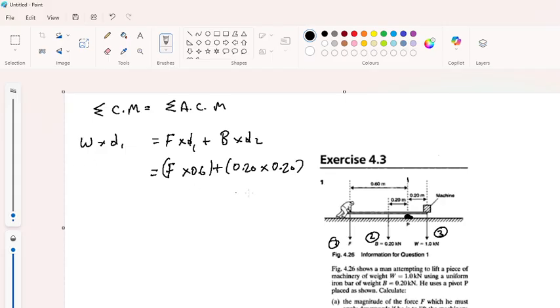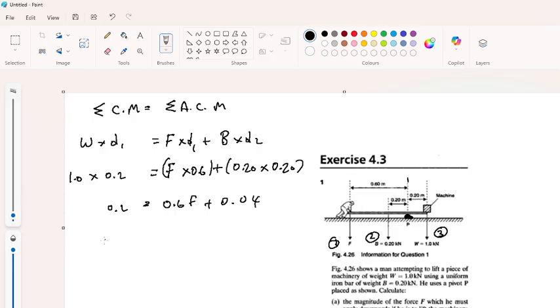W, we know this is wrong, this is gonna be kilo, my bad. I'll just put that at the end. This is gonna be 1 times 0.02. So this gives me 0.02 equal to 0.6F plus, I end up with 0.04.